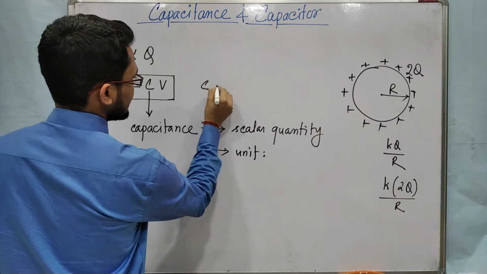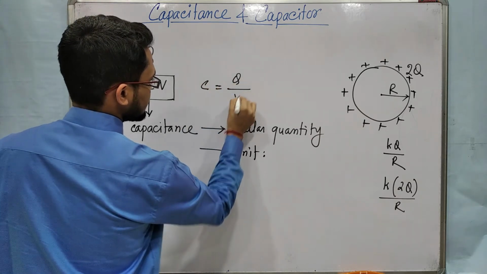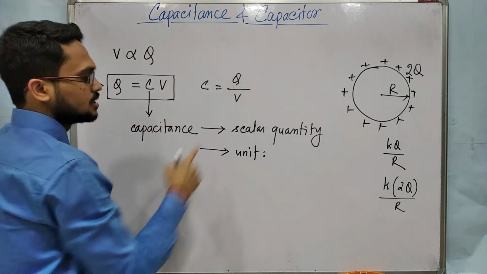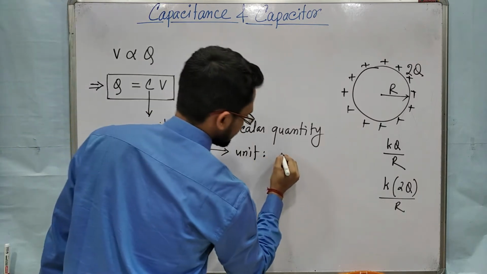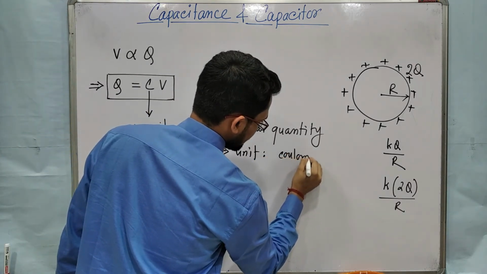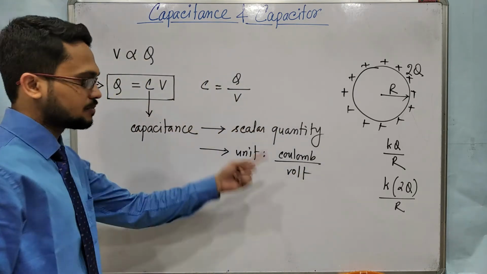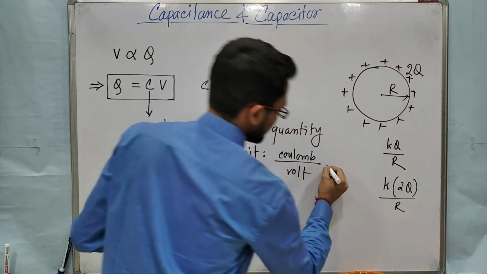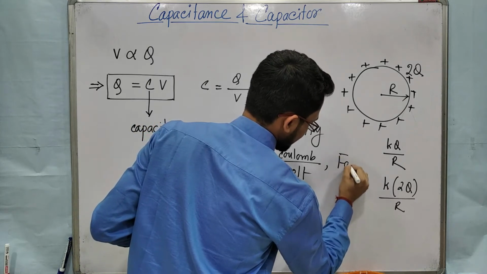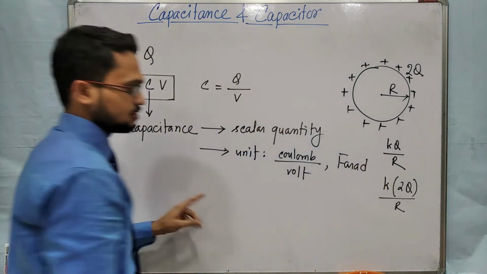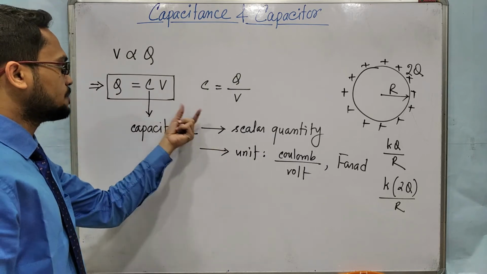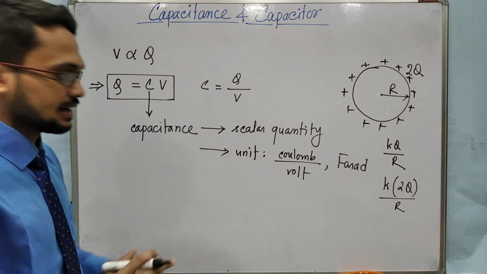We can write C equal to Q by V. Q means coulomb, V means volt, so the unit will be coulomb by volt, and it is known as farad. So farad is the SI unit of capacitance of a conductor.